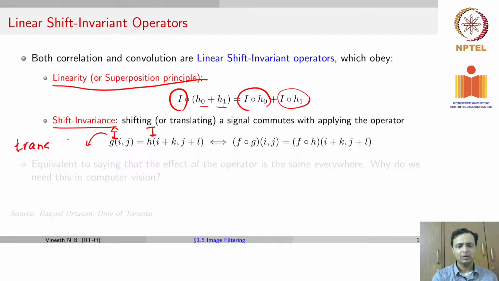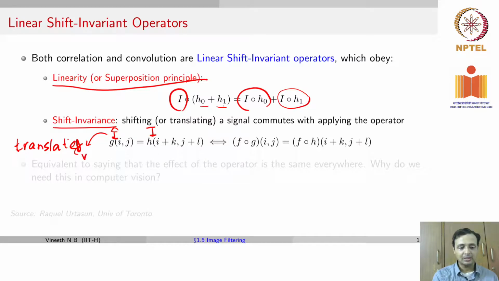Why is it a translated version? Because for every pixel at I hat, which is defined at i, j, the value is given by what was the value in I at i plus k and j plus l. So it's like moving the entire image a little bit left or right, depending on what k is. k could also be negative, so it could be moving left or right.